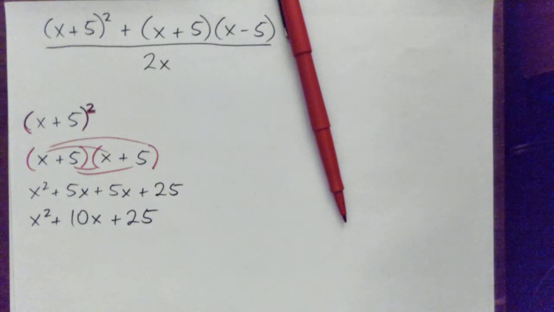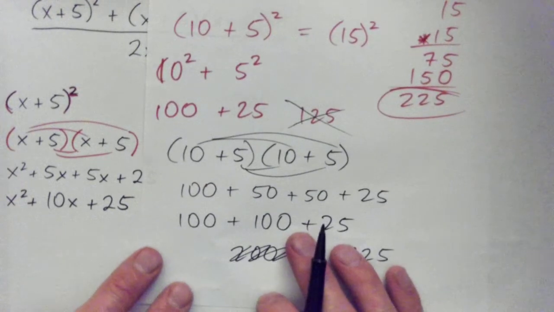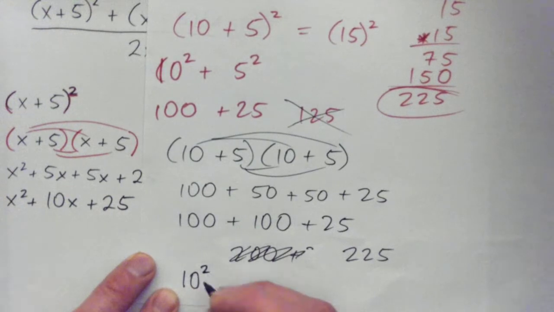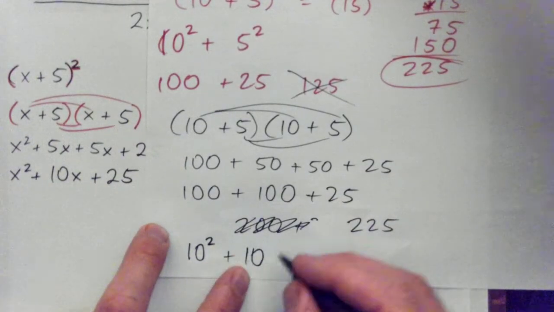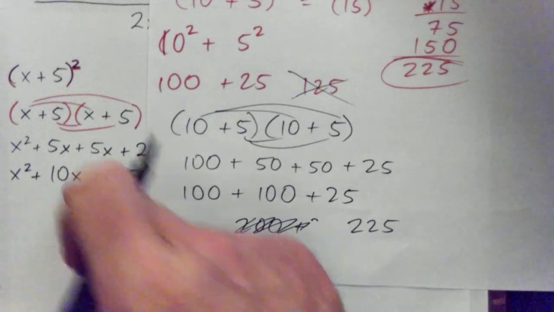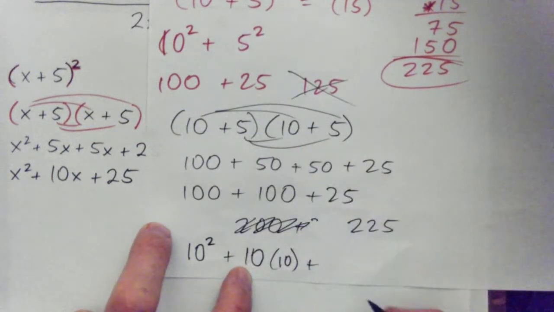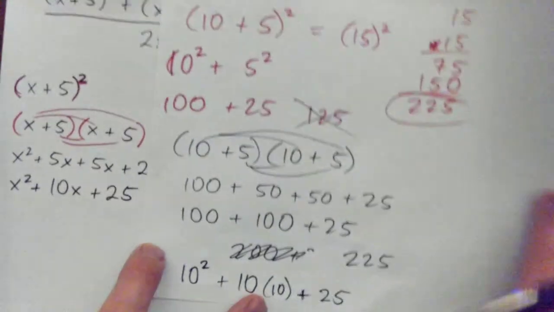That's very similar to my quick example of the 10 plus 5, because look how we ended up with 100, which is basically 10 squared. It's kind of like x squared, right? Plus 10 tens, which is our other 100, plus 5 times 5, plus 25. See how these answers are very, very similar?